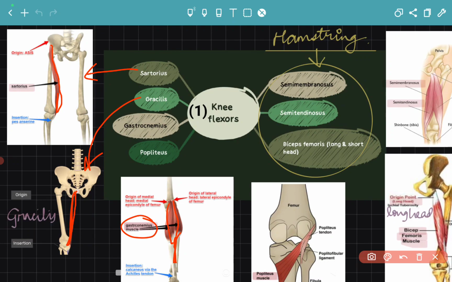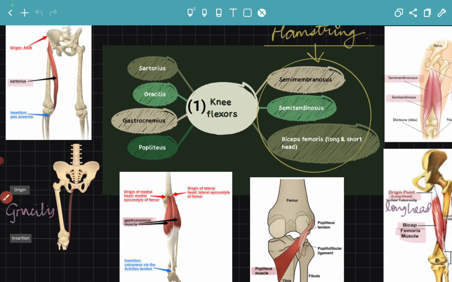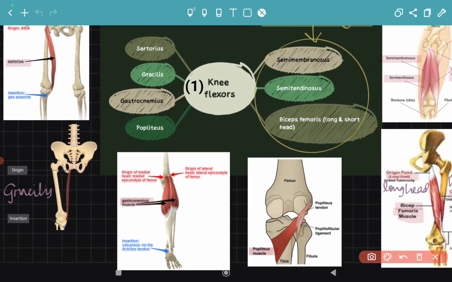Via the Achilles tendon, it inserts to the calcaneus over here, and then the popliteus muscle, the last one, can be appreciated this way, coming from lateral femoral condyle to the posterior aspect of tibia and the proximal part of tibia.